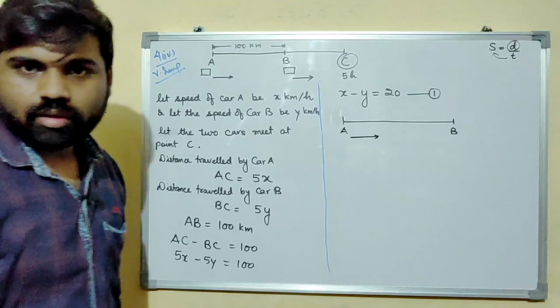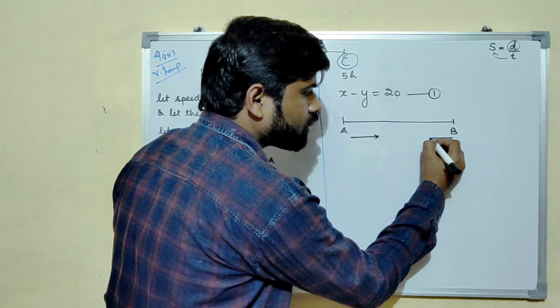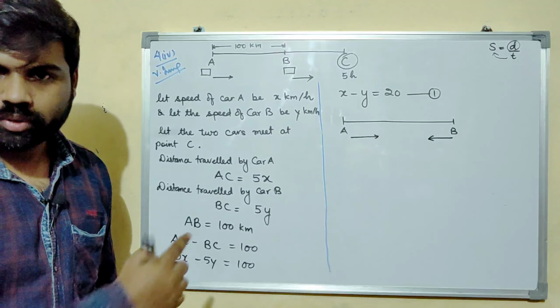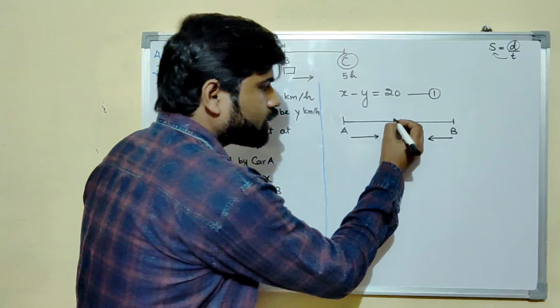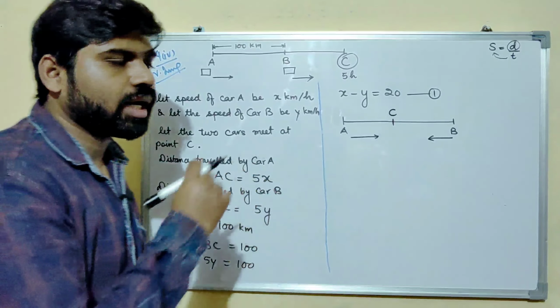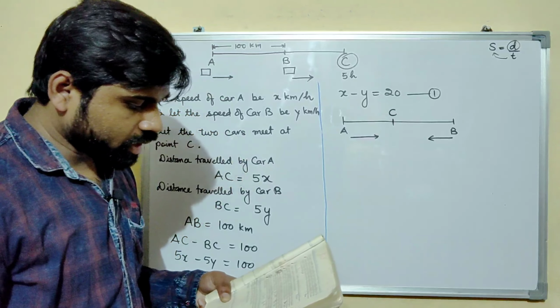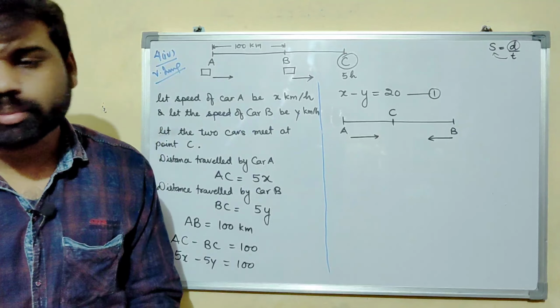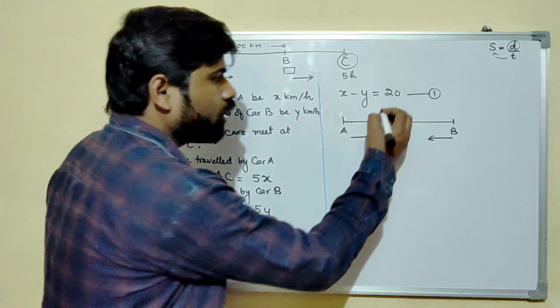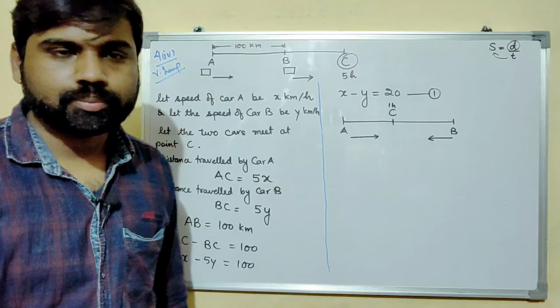That means car A travels this side, then car B is approaching towards car A. Let's say they meet at the point C. Now they are saying that they will meet in 1 hour. That means to reach point C, both have taken 1 hour.